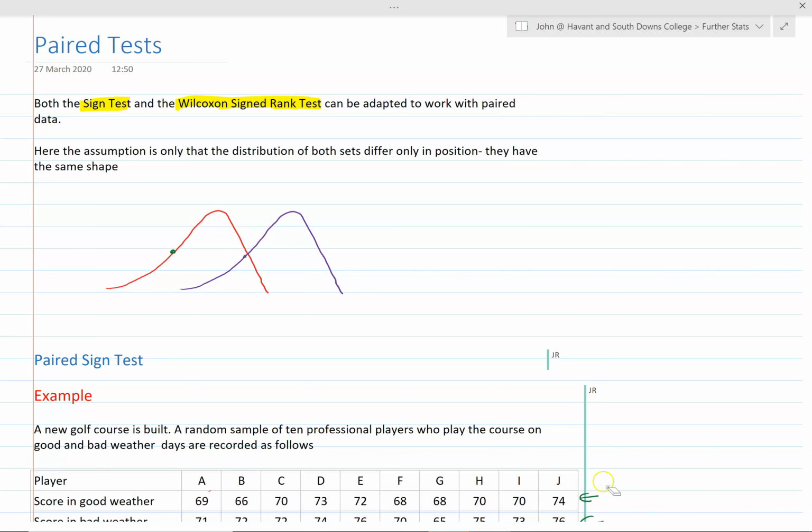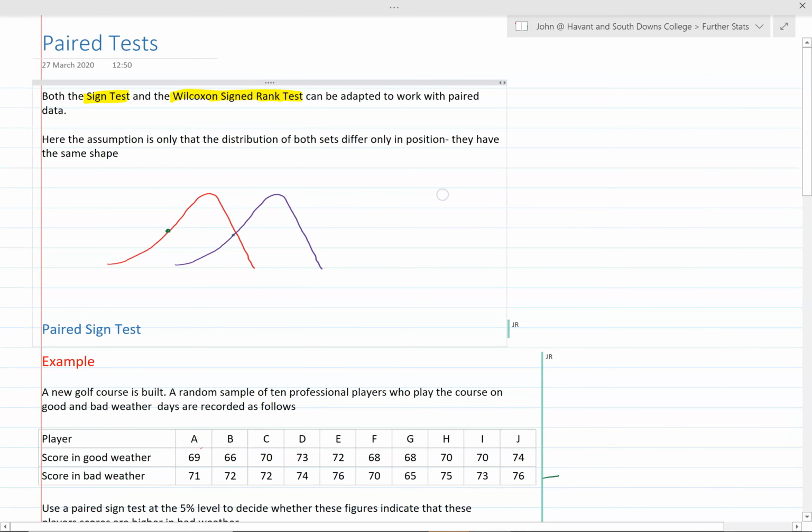Okay. Before I get on with the question, I would also say, just to drive the point home, these are non-parametric tests. Paired data doesn't have anything directly to do with parametric tests or not.